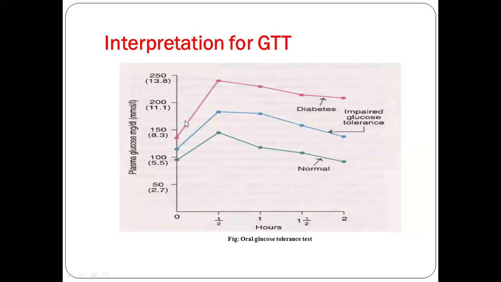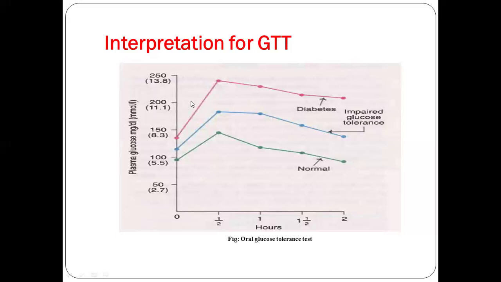So another patient, if you're getting fasting around 130, 135, that means more than 126 mg per deciliter. The fasting sample, the 0 hour sample. And the half an hour sample, just see here, it exceeds the renal threshold.